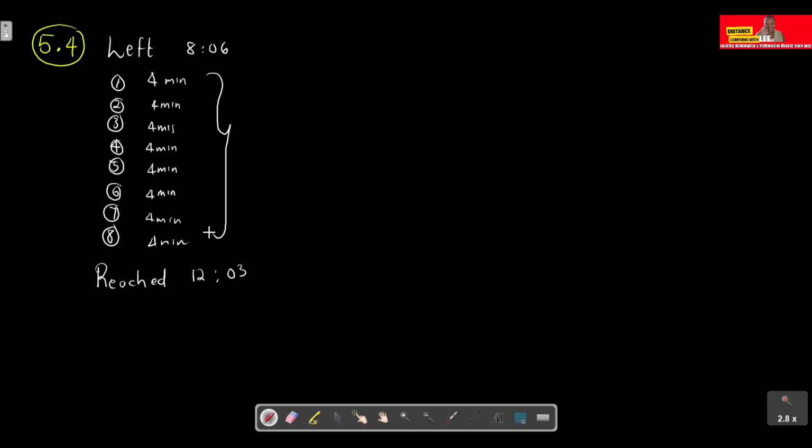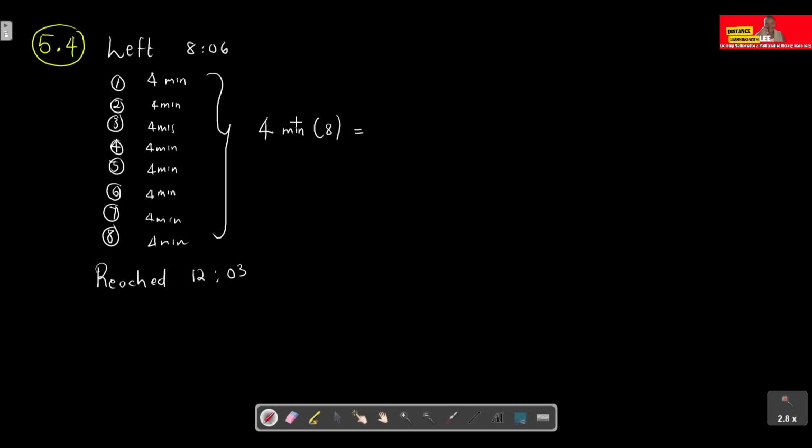What is the total time that the train spent stopping? If you take 4 minutes and multiply that by 8, you'll find how many minutes the train spent stopping.